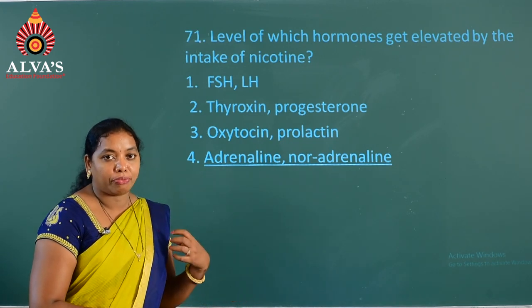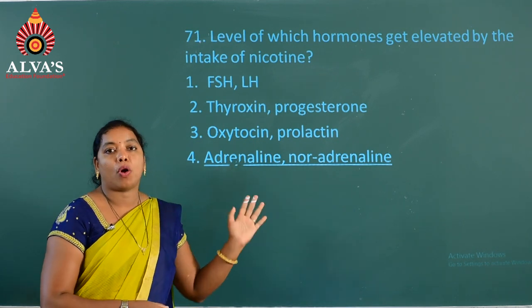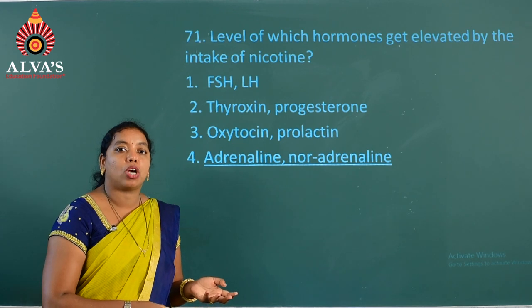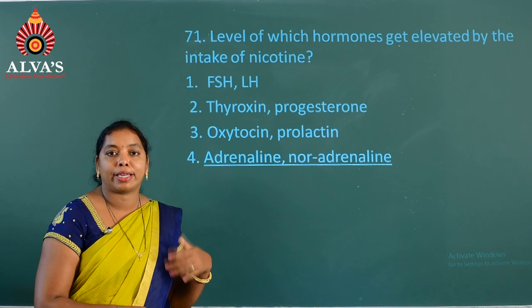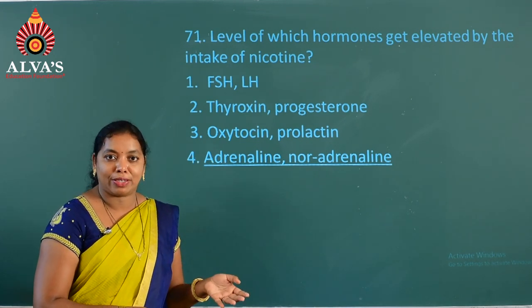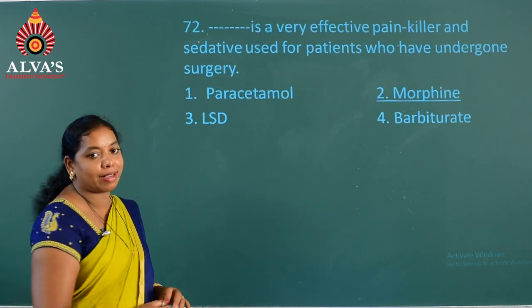After intake of nicotine, the level of adrenaline and noradrenaline will be elevated. Hence, it causes problems like increased heart rate, increased sweating, increased GFR, etc. So, the correct option is the fourth one. Next question, number 72.